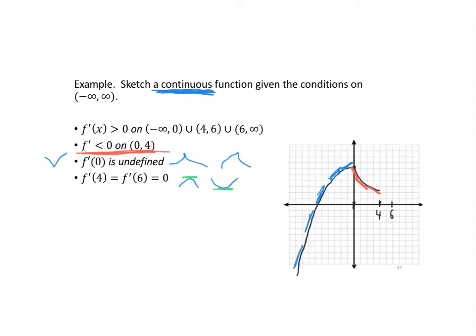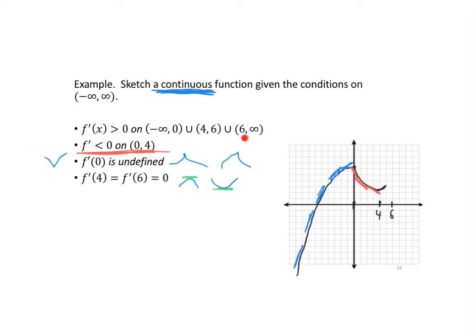We now need to account for the fact that f prime of 4 is equal to 0, which means it'll be this second option here. The conditions say f prime of x is positive between 4 and 6, which means the slopes of the tangent lines are all positive. In other words, the function's increasing.